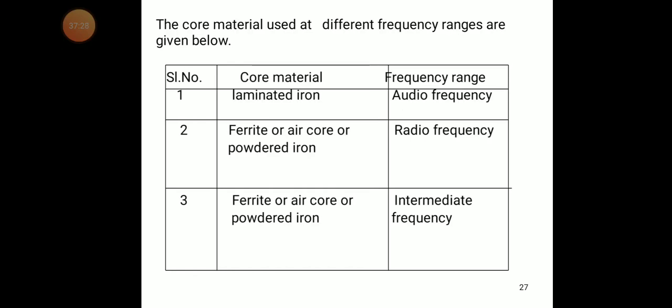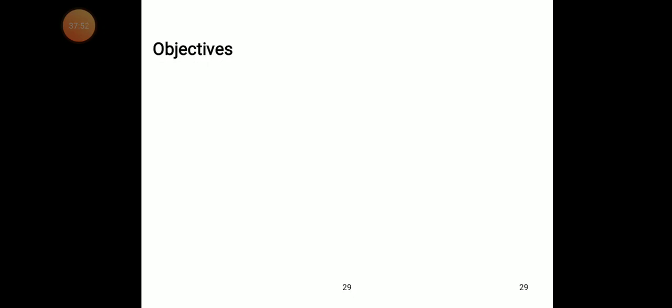For radio frequency applications, we can use any of the three. Ferrite or air core or powdered iron are also used for intermediate frequency, where we can use any of the core materials.